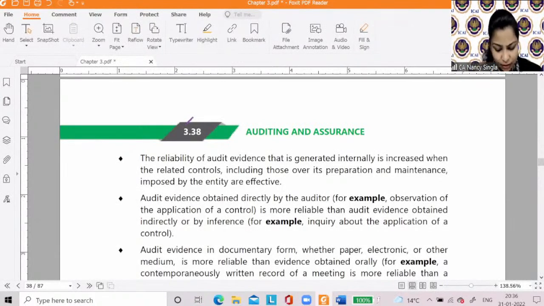Please, students, send me whether you have understood or not. So Vrinda is saying, ma'am, please give an example of management override of control. See, it basically means that management may itself not consider the controls.